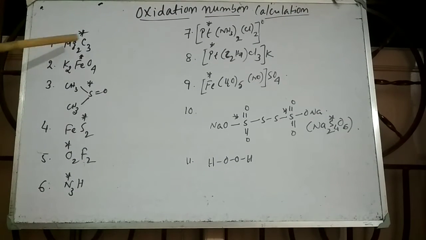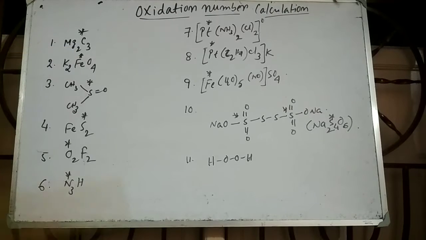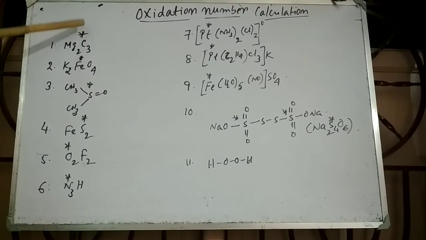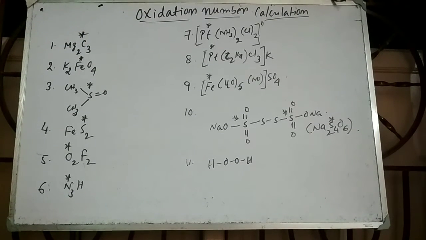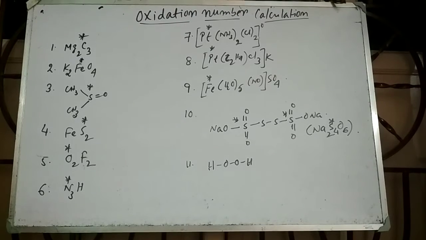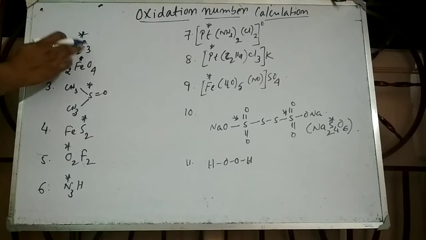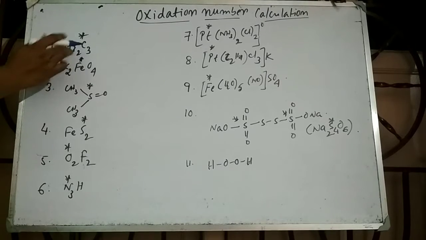Here Mg2C3, this name is magnesium carbide. Here we can determine the oxidation number of carbon. The oxidation number of magnesium is plus 2, and the number of magnesium atoms is 2.